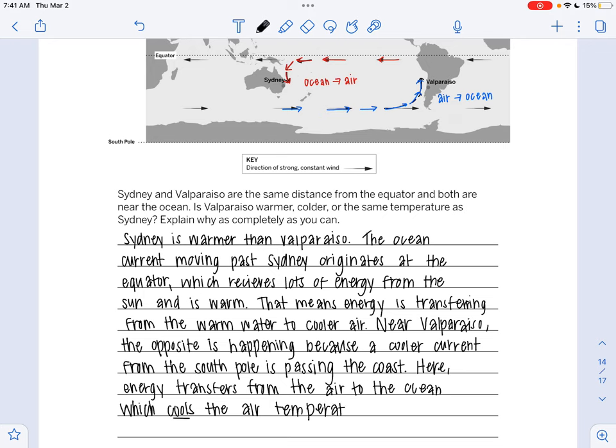Student responses should have included a conversation about energy transfer and the way that ocean currents are moving. Another thing that we could have added is that these ocean currents are being created by prevailing winds, meaning winds that are moving in one singular direction.